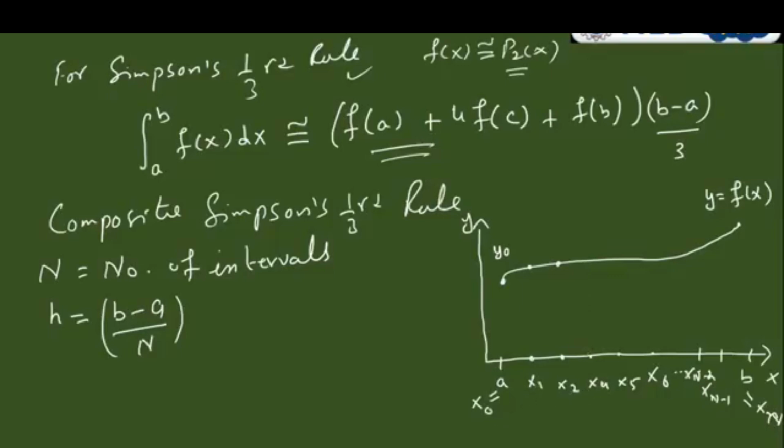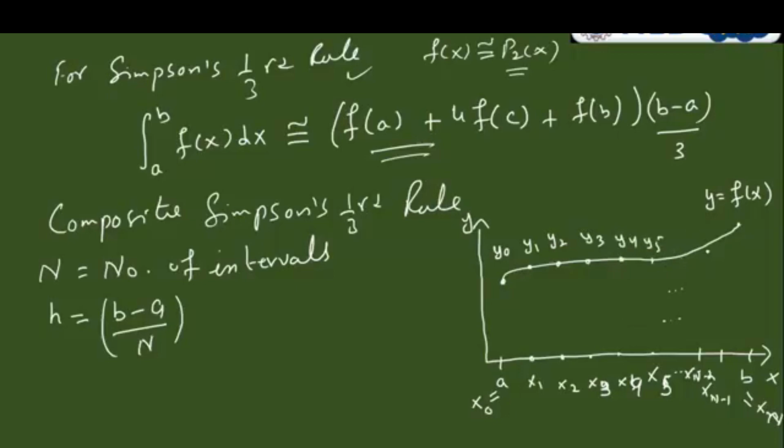X naught, x1, x2, x3. This is x4, x5. Okay, and then it will continue till the second last and last. Okay, so x2, this is y1, this is y2, and then there is some y3, this is y4, and then let's say y5.